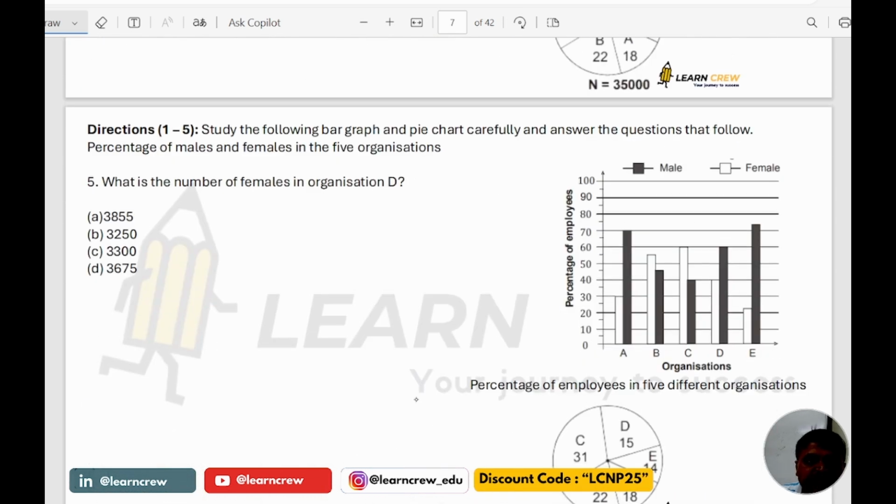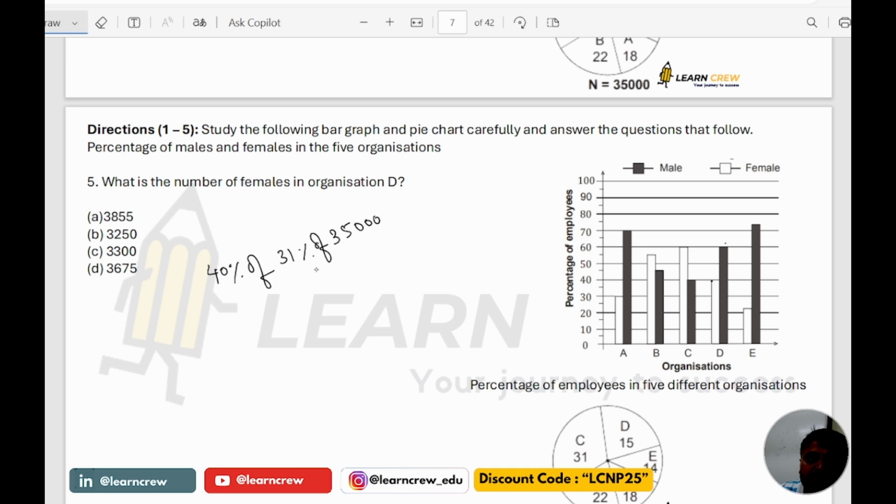Now next, what is the number of females in organization D? In organization D, females are 40%. So 40% of D's total, which is 31% of 35,000.